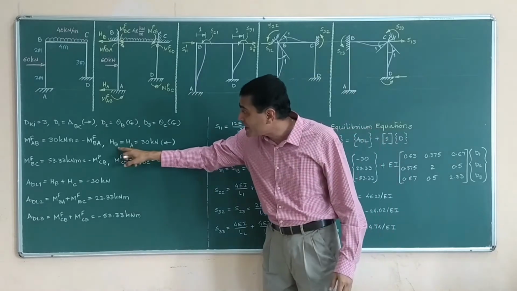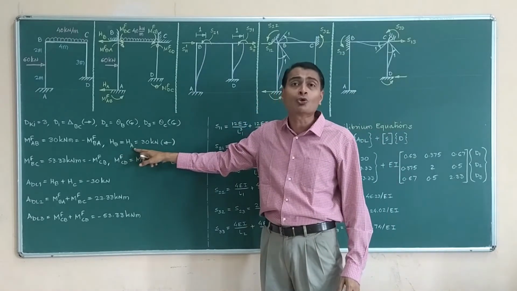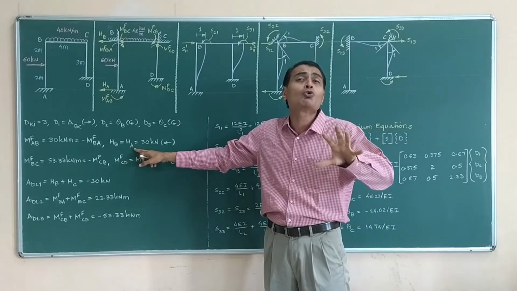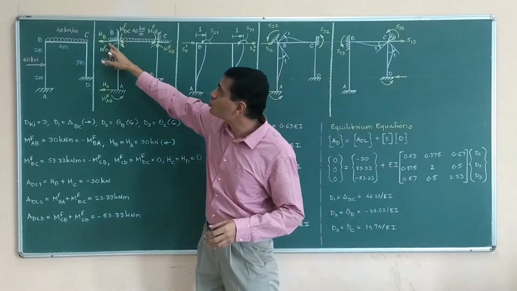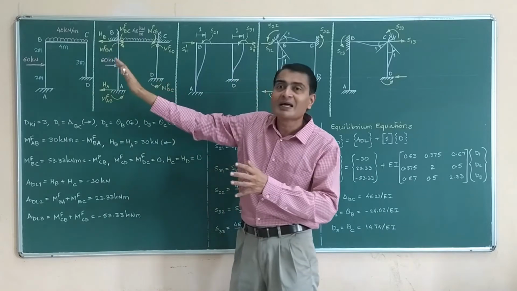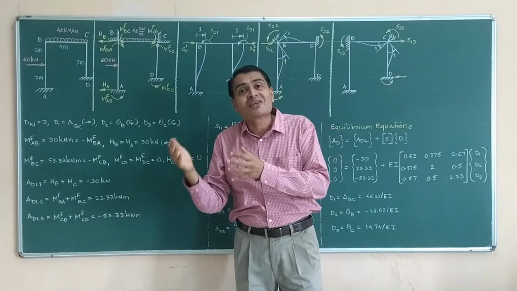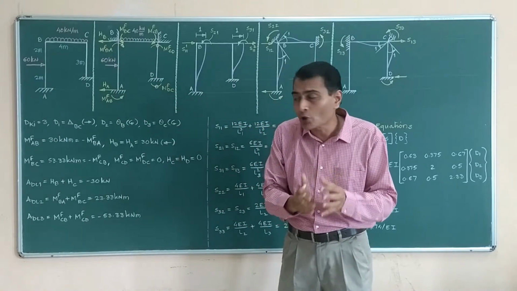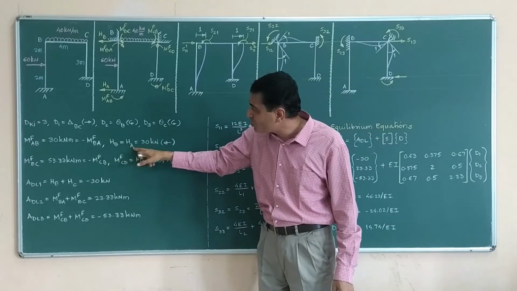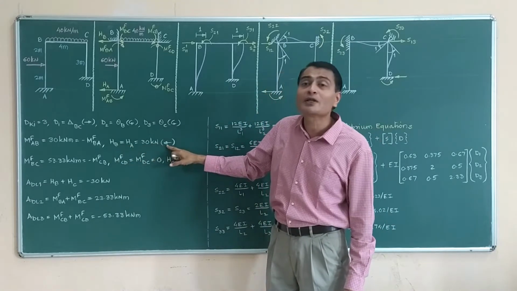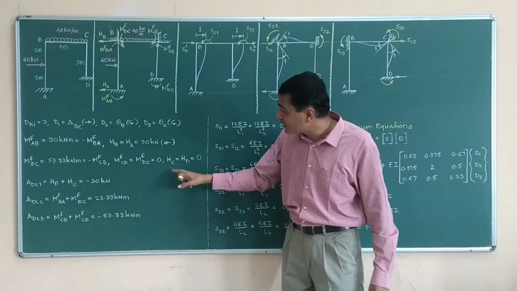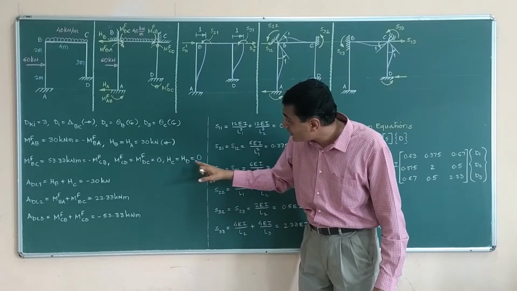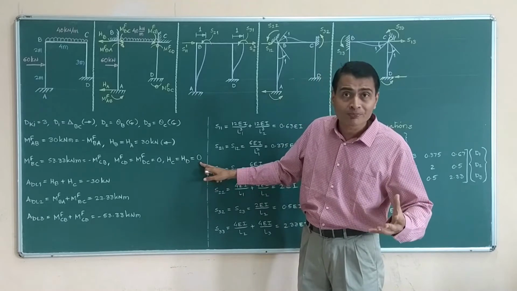So I am writing HB is equal to HA. Though HA is something we are not going to require anywhere, just to make the point clear that these two reactions will be equal and exactly half of the transverse load. I have written HB is equal to HA is equal to 30 kilonewtons leftwards, and similarly I have written HC is equal to HD is equal to 0.